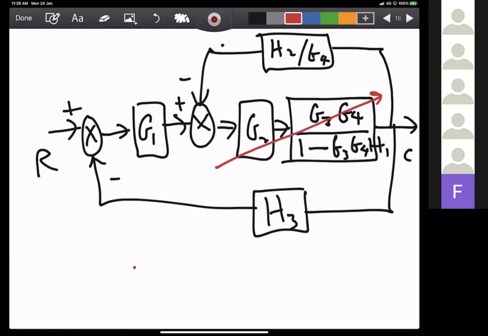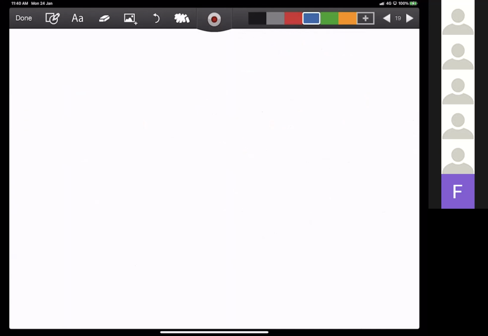Multiply, lepas tu dia lepas multiply dia adalah negative feedback. Betul. Dengan yang ni, negative feedback. Okay. Kan? Artinya dia akan jadi apa?